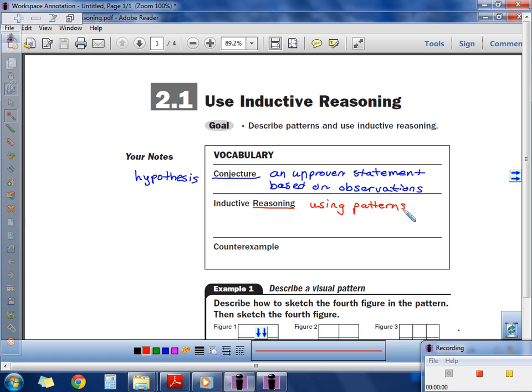The last little term is counterexample. What's a counterexample? A specific case that shows a conjecture is false.